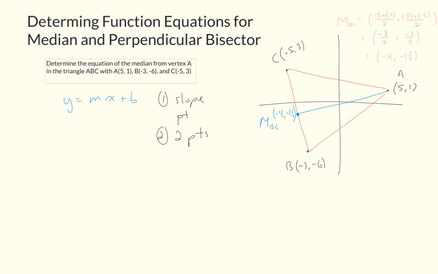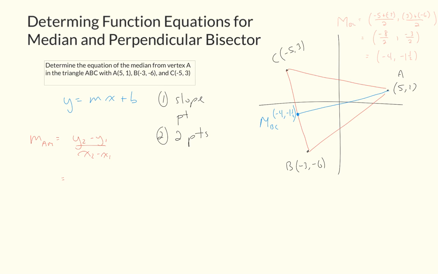Here, because we figured out the 2 endpoints of our median, we have 2 points. We use 2 points to find the slope. Slope goes in for m. And then we sub back in one of the points and solve for b. You've been doing this since grade 9. Shouldn't be too much of a hassle.